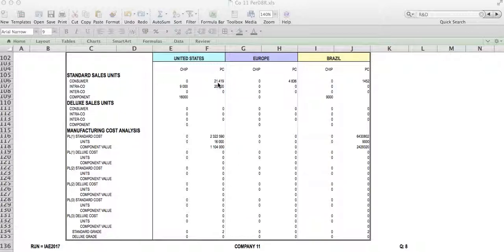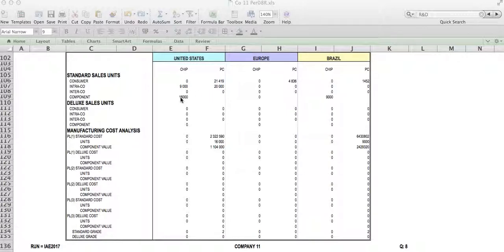So here, for instance, we see that these guys have sold to consumers 21,419 PCs of their standard grade. They have sold to themselves 9,000 chips, which went actually to Brazil, probably, and then they have sold to another department of theirs 20,000 PCs.